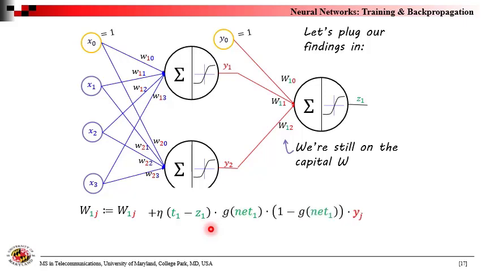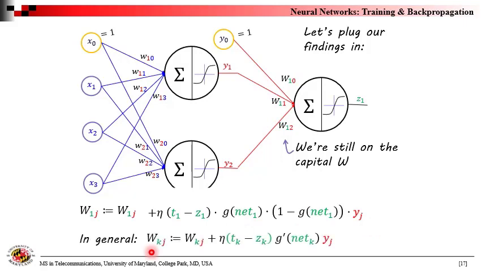And we just replaced g prime with g times 1 minus g, which we just derived a minute ago in a slide. So this is the update rule for W1J, like for 1,0, 1,1, and 1,2. This is how we update each one of those weights.